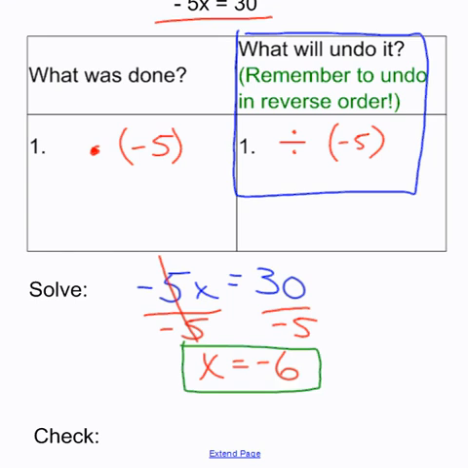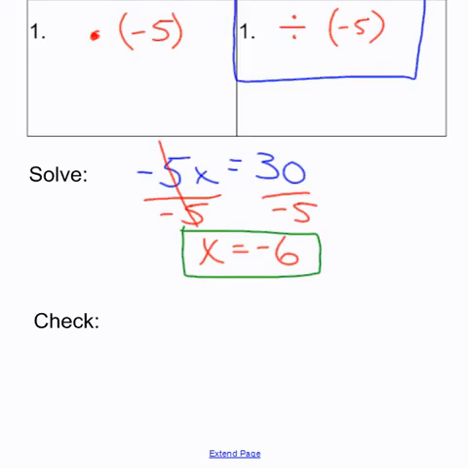Now, one thing I noticed on your Module 1 tests is that, first of all, some people don't use the done undo process, and they get themselves in trouble that way. So I want to really strongly recommend that you use that done undo chart.